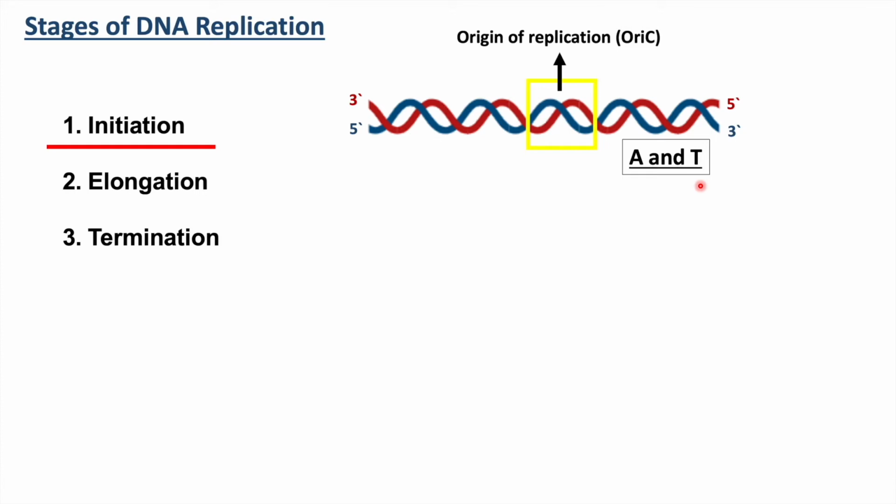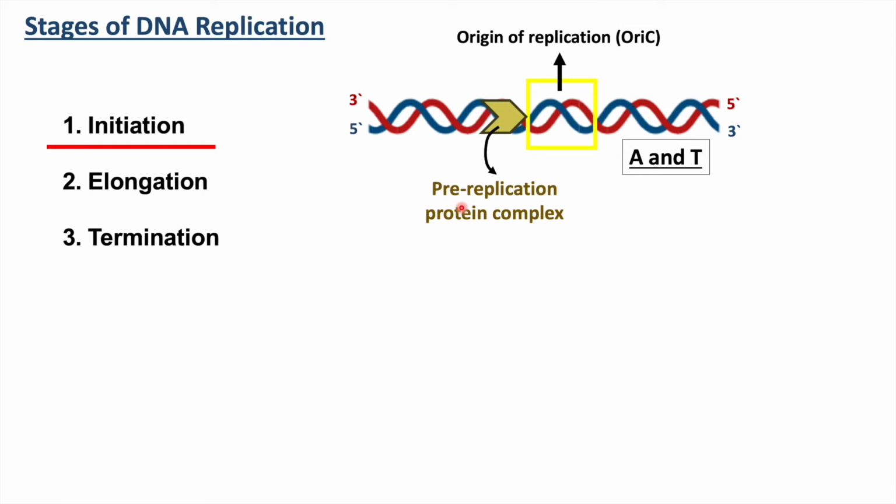Now, how are these strands being separated? There is a protein called the pre-replication protein complex. It is easy to remember because it's called pre-replication because it is the process before replication, and protein complex because there is more than one protein involved in this process, but I'm definitely not going to talk about those proteins.